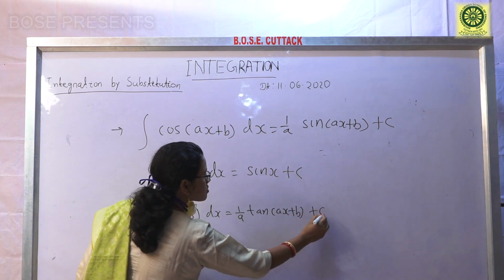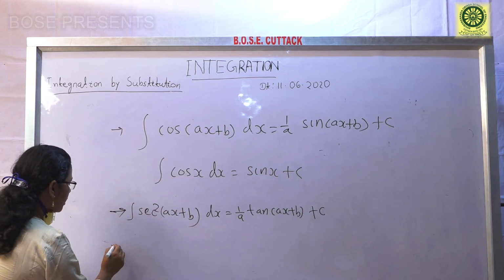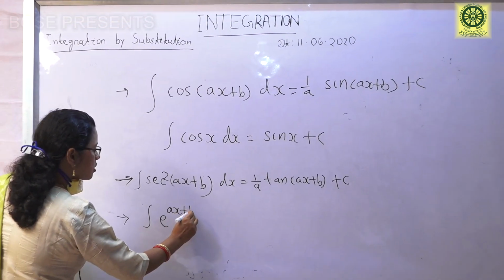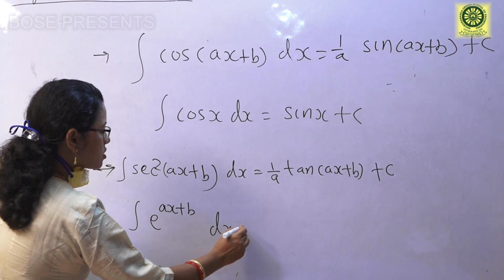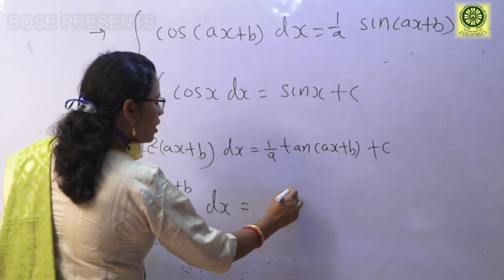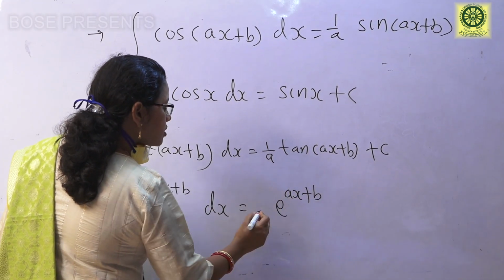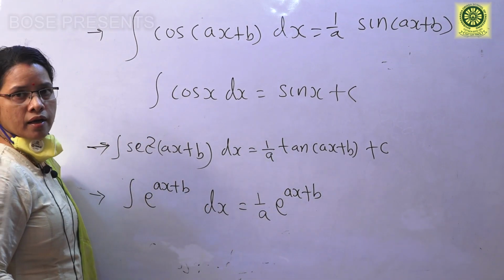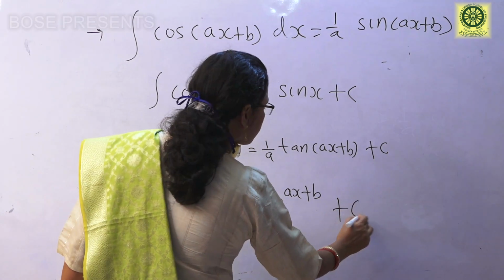Okay, plus c. Similarly, we can show that the integral of e^(ax + b) with respect to x will be e^(ax + b). Just divide by the coefficient of x here, that is 1/a, multiply 1/a, plus c.